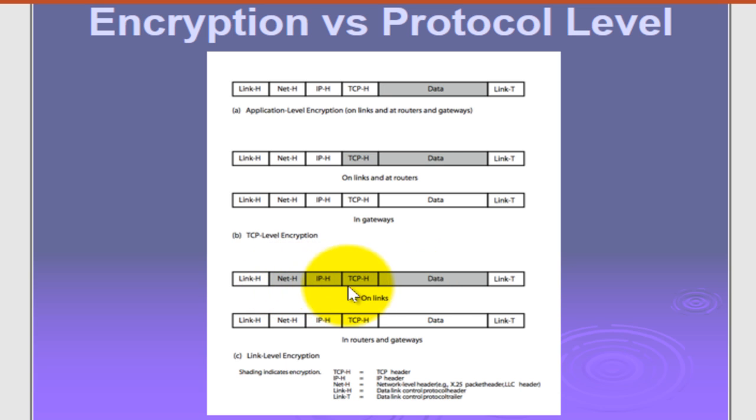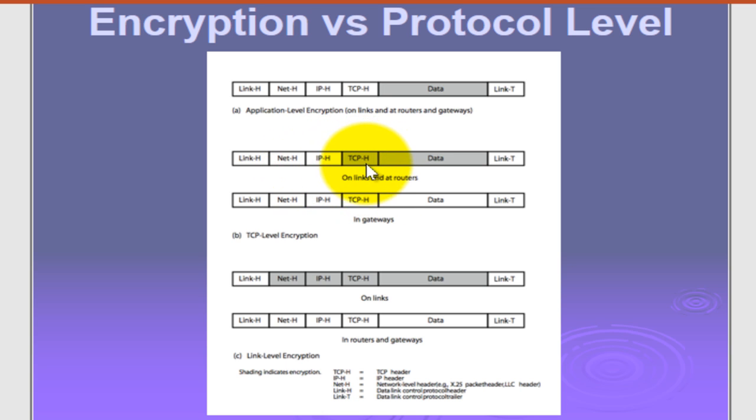But in TCP level encryption, you need not protect the IP header and the network header.